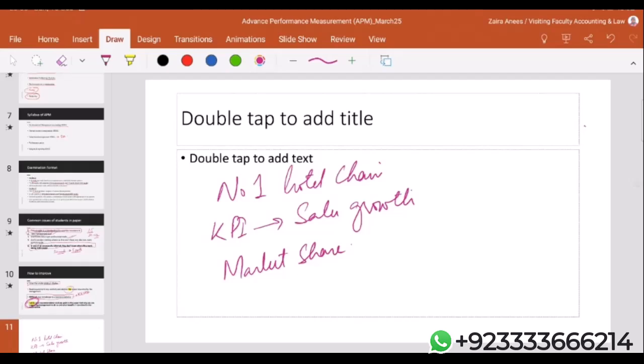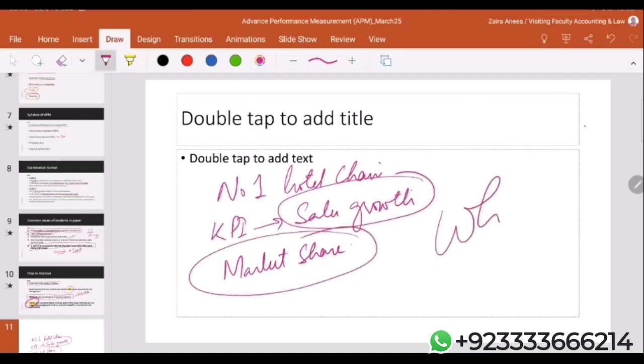Why? Because you have not told the company, I mean the CEO, why sales growth is an inappropriate KPI, and why you believe that market share is a better KPI. So that why is extremely important in the APM paper. Without justification, whatever you are writing is meaningless.